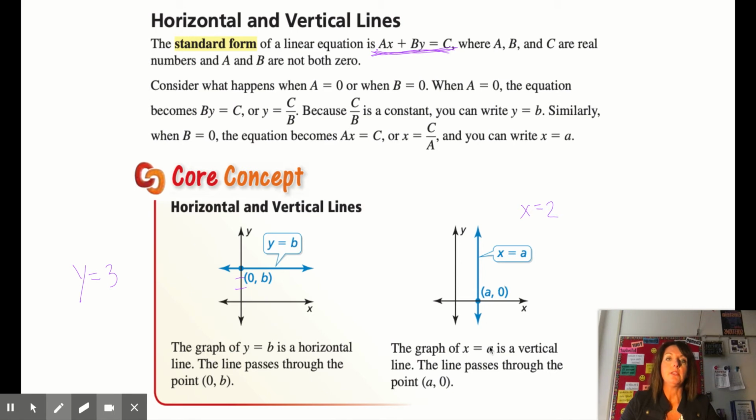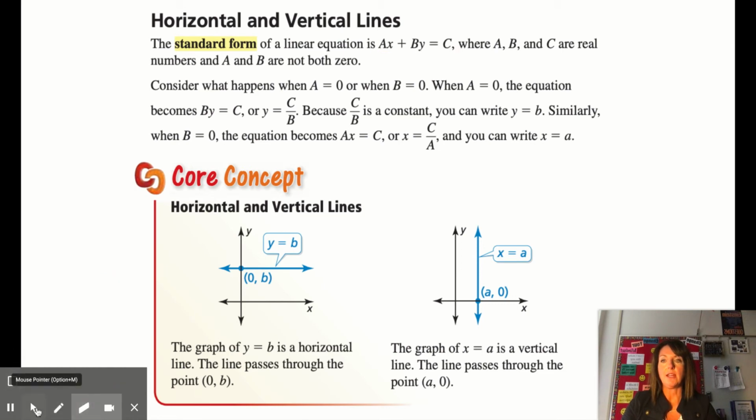This is the graph of a vertical line. All the values of x are the same. Here's (a, 0), and this is x is equal to a, which in this case, if we say x is equal to 2, we just count over 1, 2, and all the values of 2 are right there.